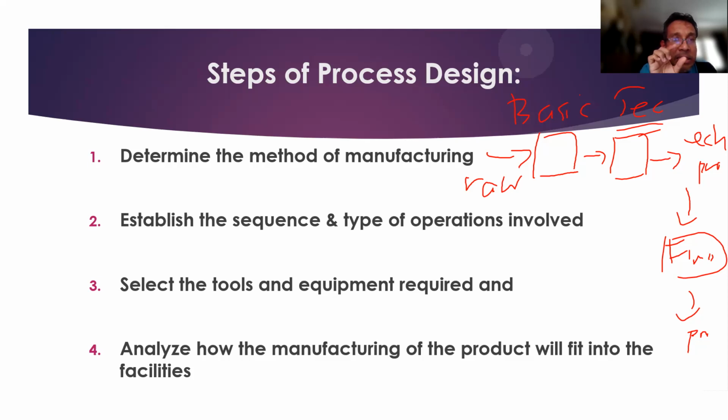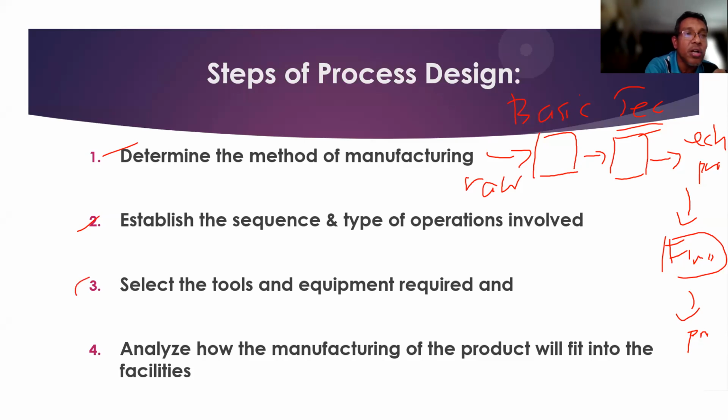So what tooling, the blade, we need to use at that particular machine, at that particular equipment. So we need to select the right tool and the right equipment based on the process we determine first. But before that, we also need to establish the correct sequence or type of operation, and then we need to consider each operation, what tool and what equipment are required inside the process.